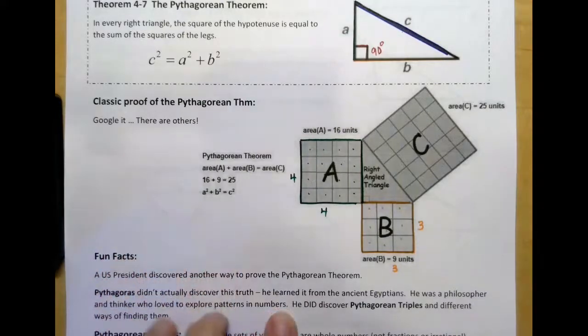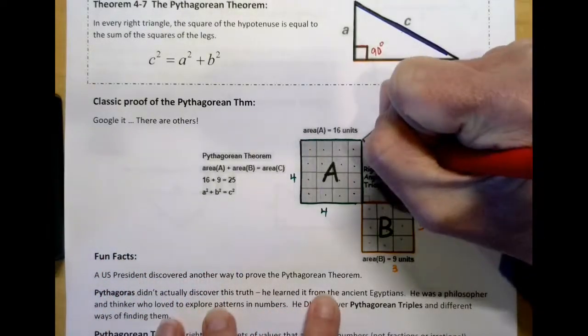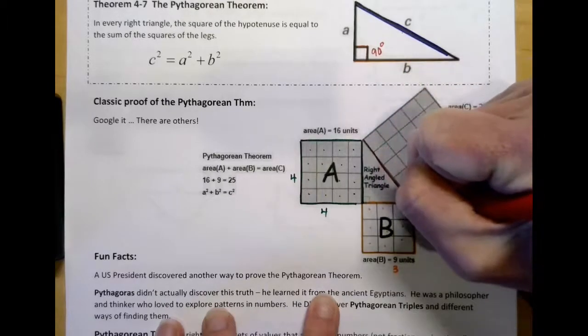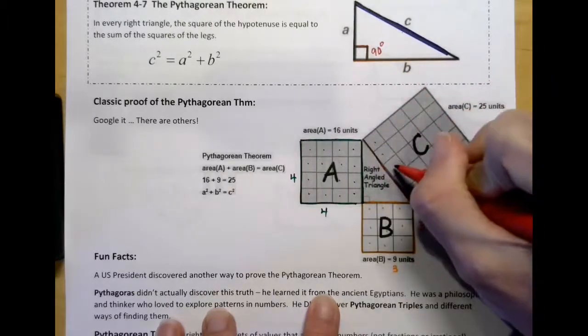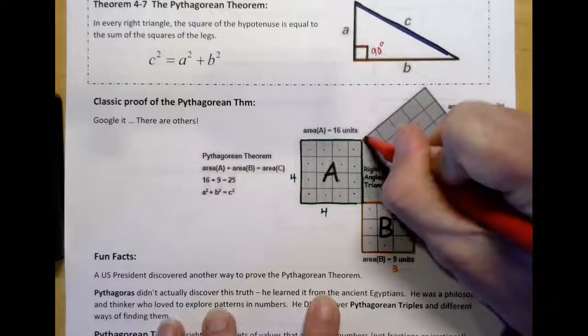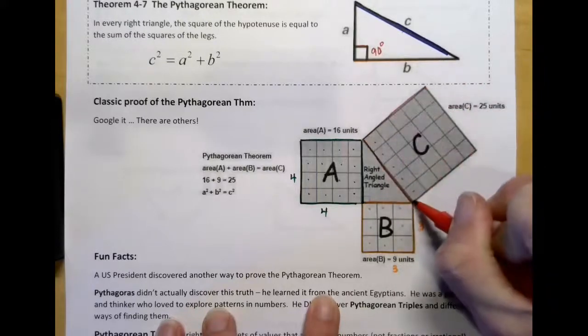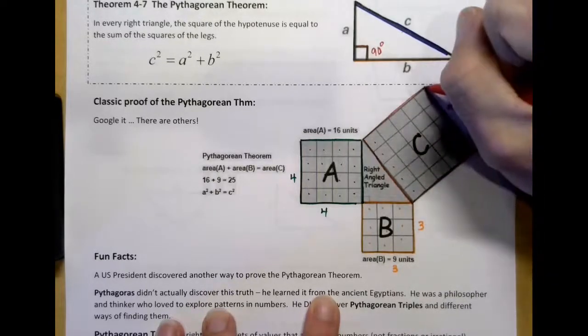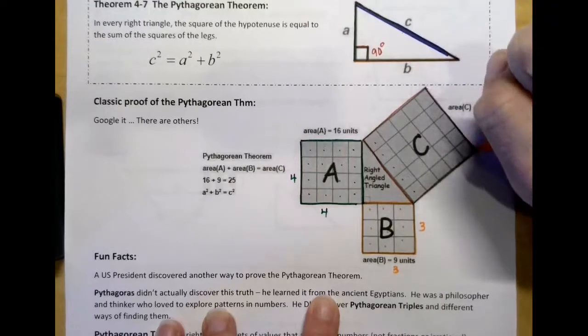If this third side of my triangle has a measure of 5, 1, 2, 3, 4, 5, that 5 squared is going to fill up an area of 25 square units.